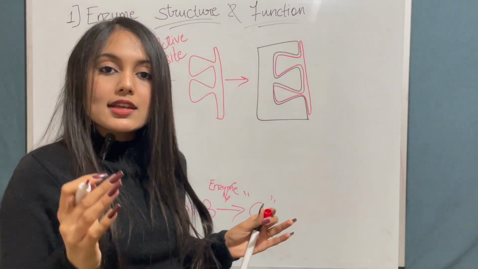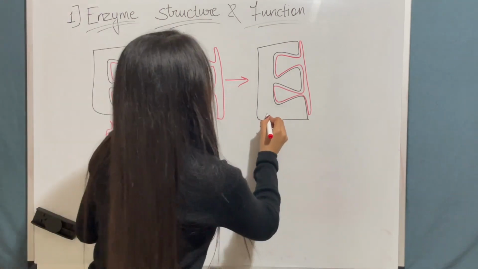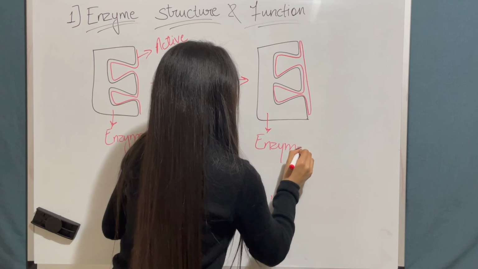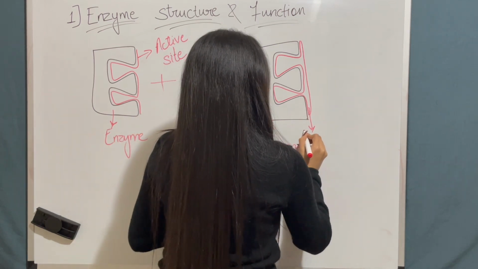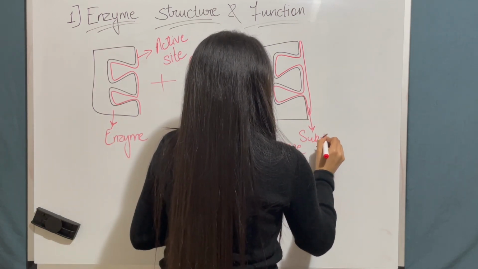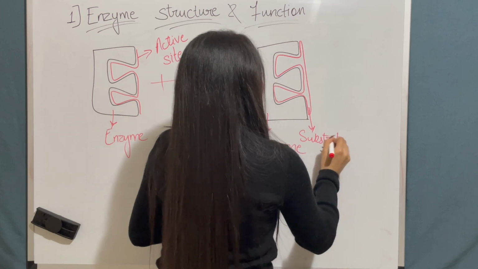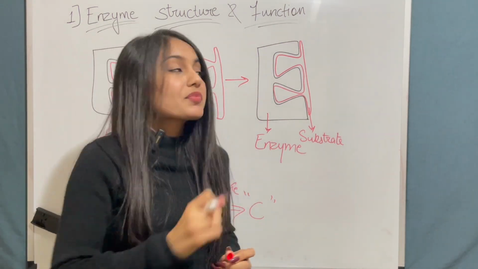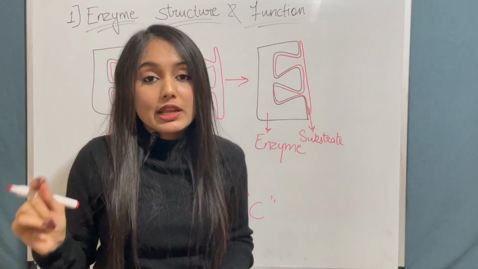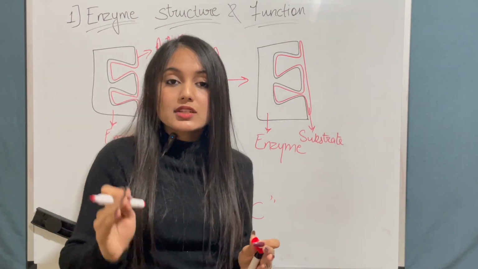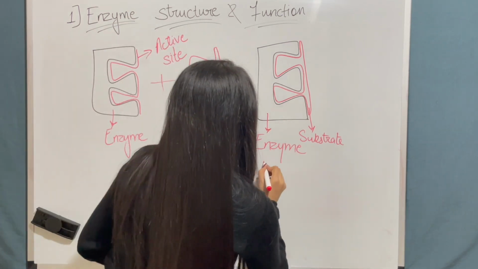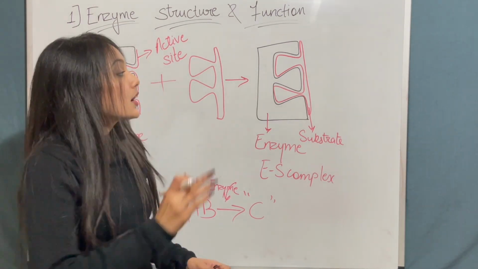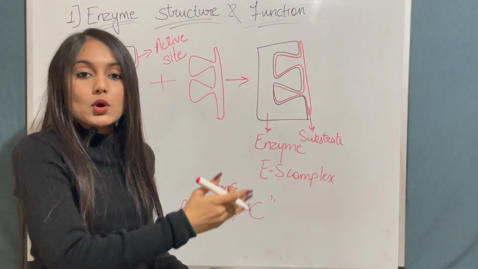So here, as you can see, the enzyme and the substrate are combined to each other very tightly and they form the ES complex, that is the enzyme substrate complex. This happens for a very short time. Okay, so the ES complex is formed.